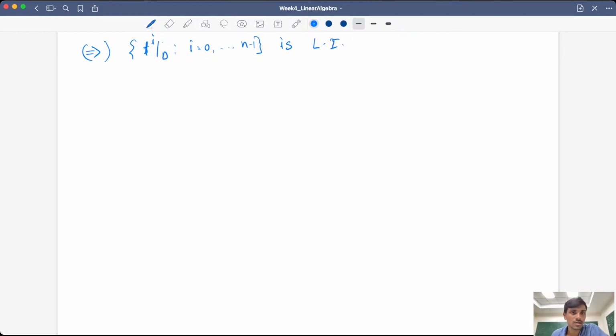So I need to show that the number of elements in D, that is the cardinality, mod D is greater than or equal to n, right? Suppose not, then the number of elements in D is strictly less than n, right?